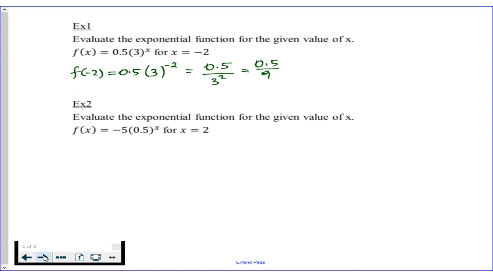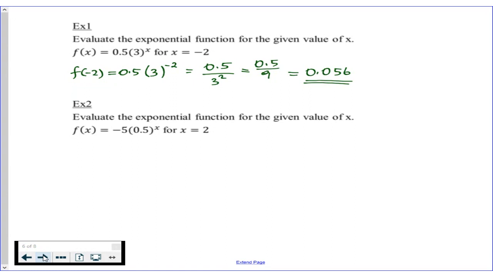This number gives you 0.055555 continuing like that. So we can just round to 3 decimal places. Okay, so that's how you evaluate an exponential function.